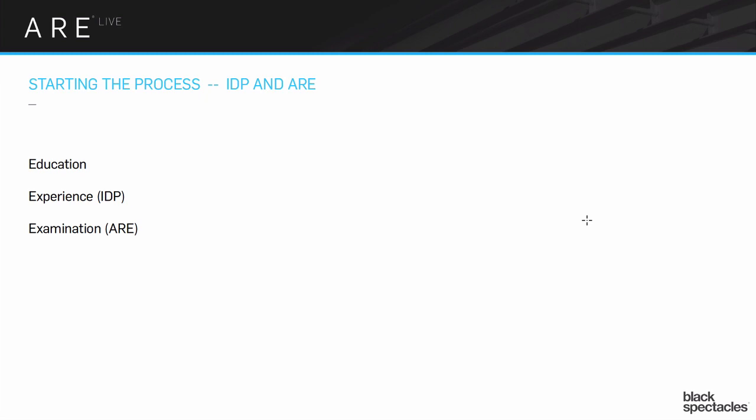And of course, the number one thing that you should do is to sign up for the IDP if you haven't done that already, regardless of what your educational experience or your educational completion is. You can sign up for IDP as soon as you graduate from high school and begin earning intern experience credits toward the total number that you need, the 3,740 hours, to supplement your education.